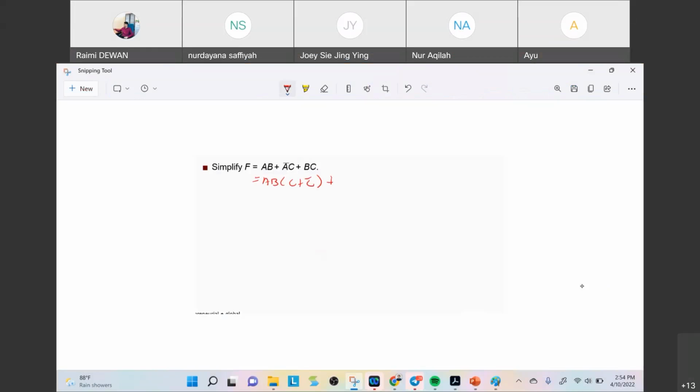This one you don't have A, so you don't have B, so you can have B plus B bar, A bar C. BC you don't have A, so you can have BC, A plus A bar. Then you extend A, B, C plus A, B, C bar plus A bar B, C plus A bar B bar C plus A, B, C plus A, B, C.